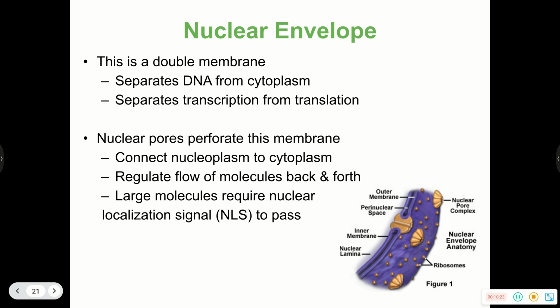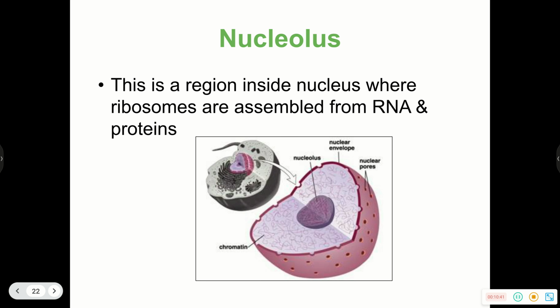It's called nuclear localization signal because it's dealing with the nucleus. It's not that it's radioactive or anything of that nature. It's just because you're dealing with the nucleus. So the large molecules require nuclear localization signals to be able to pass through and get into the nucleus itself. The nucleolus is the region inside the nucleus where the ribosomes are assembled from RNA and proteins.